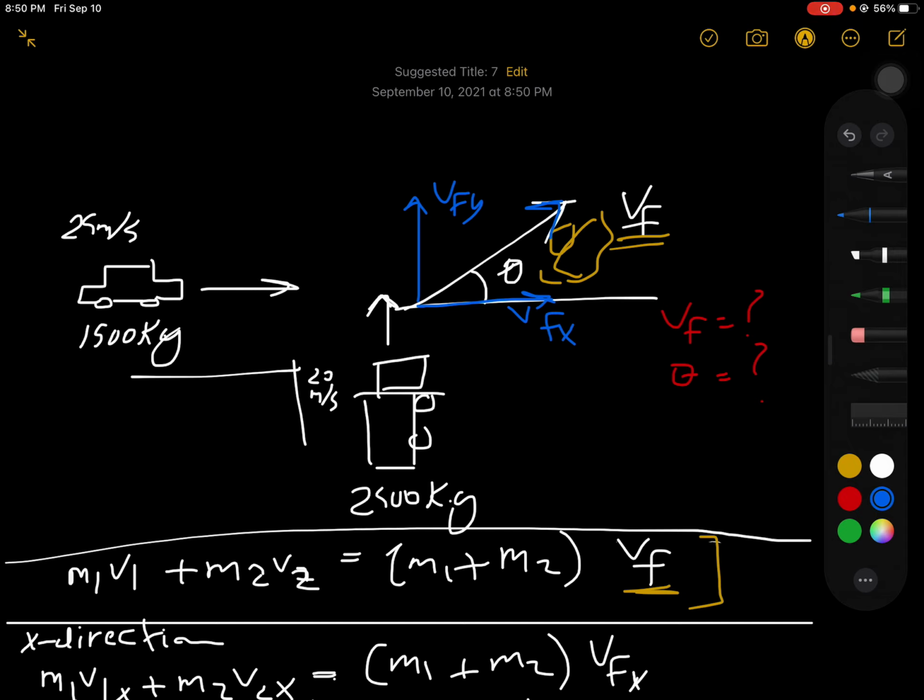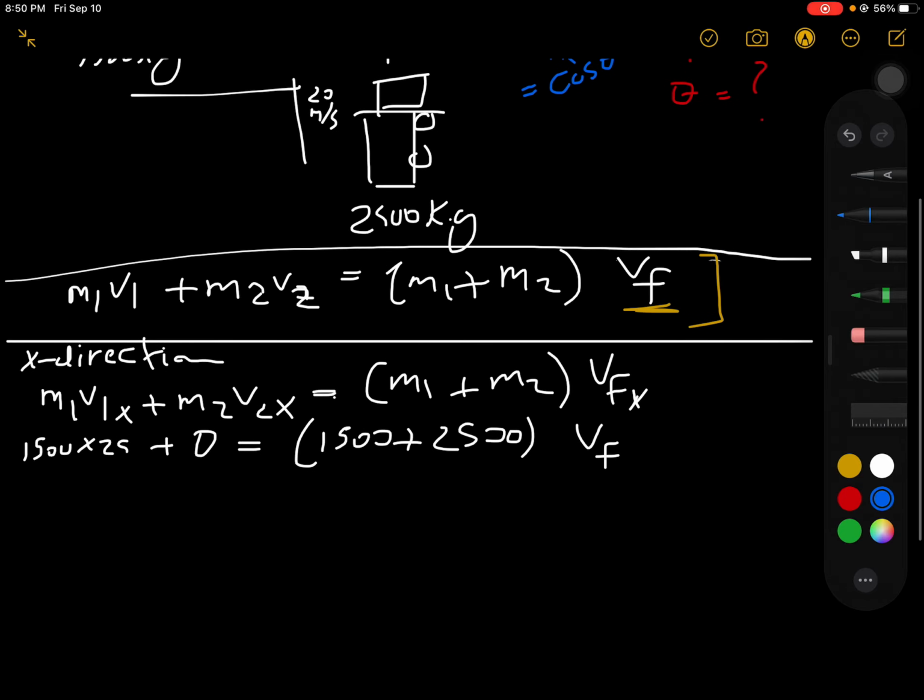As you know, for the x component we use cosine theta, and for y we use sine theta. So here, v final x will be v final cosine theta.